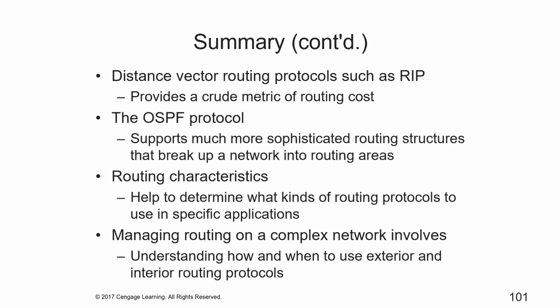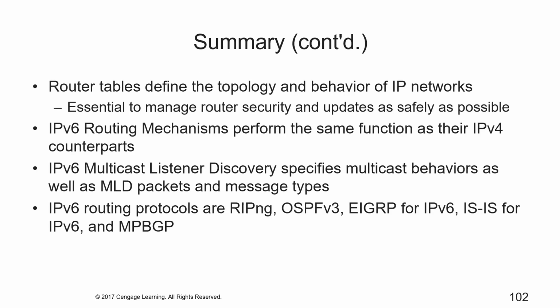OSPF supports a more sophisticated routing structure that breaks up a network into specific areas. Routing characteristics help determine what kind of routing protocols to use in specific applications. And managing routing on a complex network involves understanding how and when to use exterior and interior routing protocols.